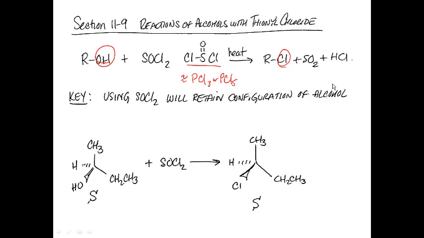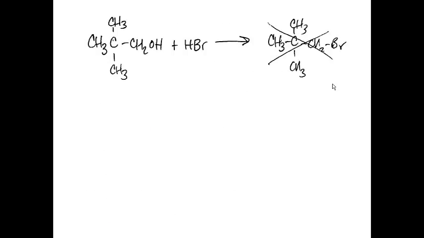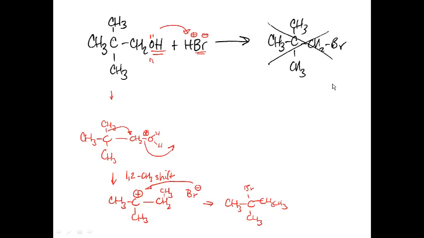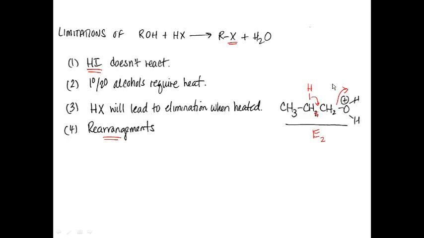We can extend that to do either an inversion, a retention, or racemize the center, depending upon which one of those reagents we use. And then finally, we have to remember that we can get carbocation rearrangements with alcohols plus HX, and that's one of the limitations of substituting an OH group using that acid.